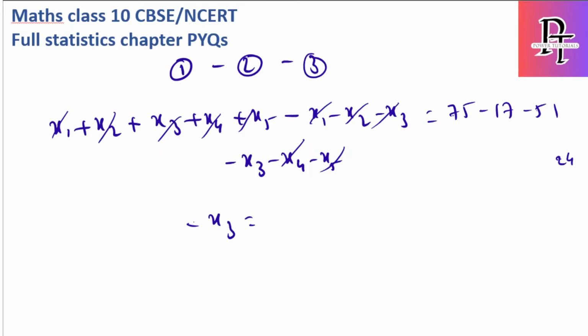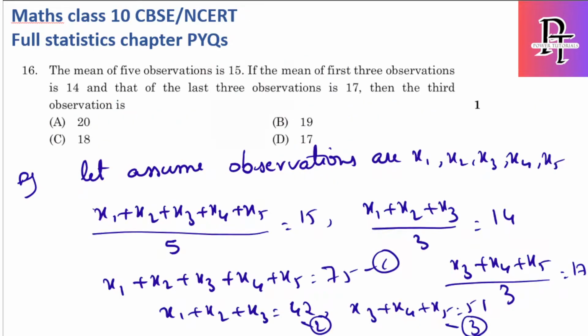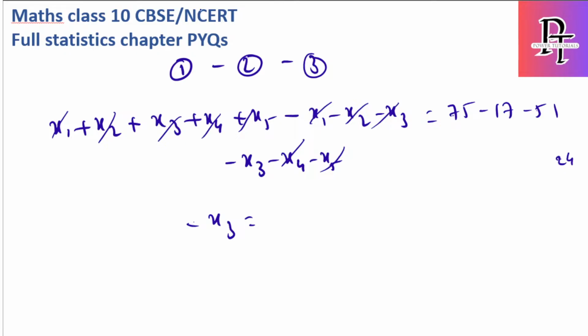Somewhere it is not 17 here, it is 42 and 51. Yeah. So this becomes 33 minus 51, which is minus 18. So x3 value is 18.